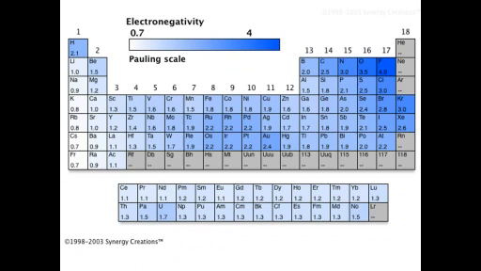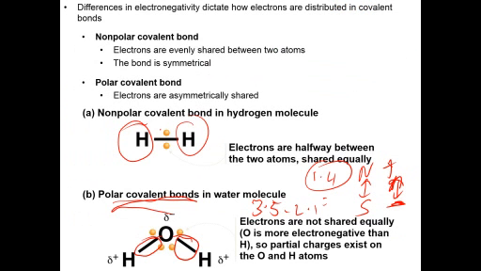But look at the periodic table. Oxygen is highly electronegative. So is nitrogen, and so is fluorine. These are highly electronegative elements. They have a strong pull on electrons.